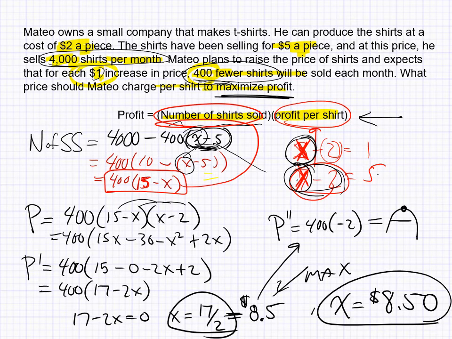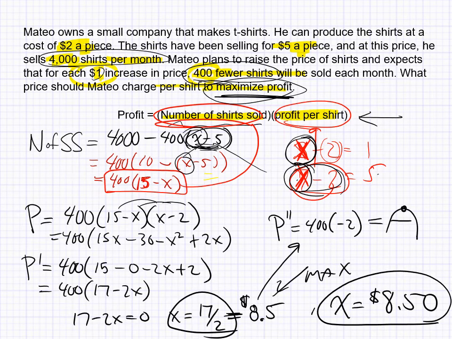$8.50 would be my sweet spot in terms of the amount of money I should sell a shirt for. If I sell the shirt for more money than that, I'll sell so few shirts that my profit starts to decrease and my profit will go down, even though maybe I'm still making money. So the idea of profit is you want your profit to increase to the point where you make the maximum amount possible.